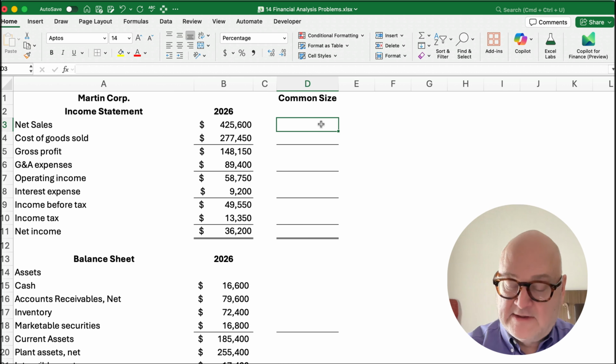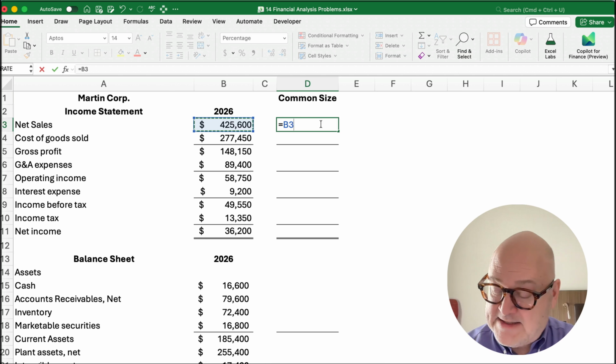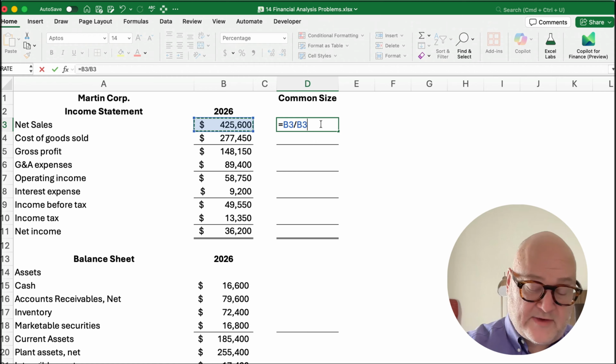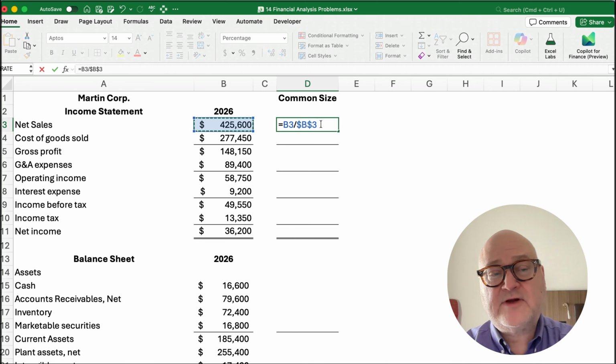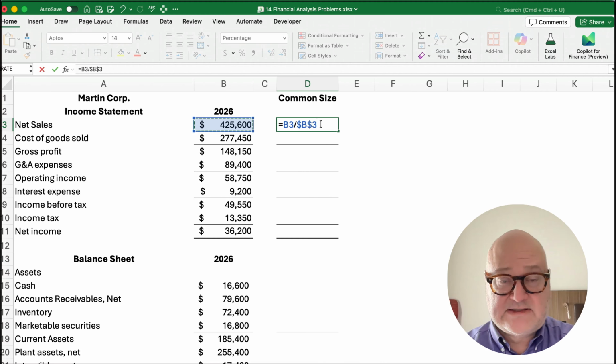So let's do this and show you how to do it on the income statement. 425 divided by 425. Now that's going to be 1 or 100%. And what I want to do is make that denominator $B$3. I'm going to use the F4 key, and we're going to make that absolute. So as we copy it down, it's going to divide every number by the original net sales, 425,600.